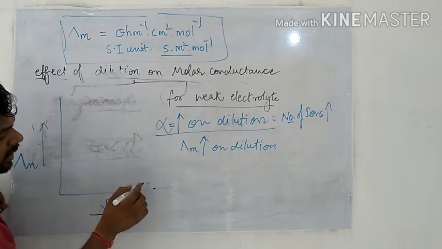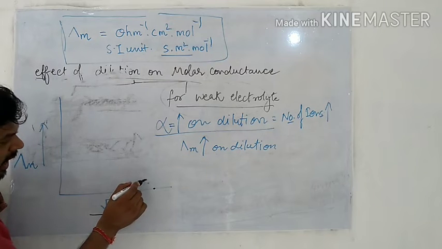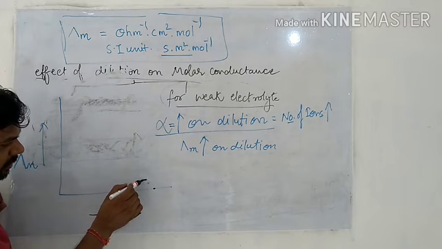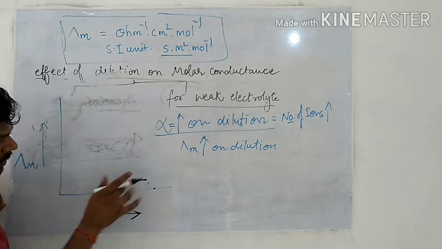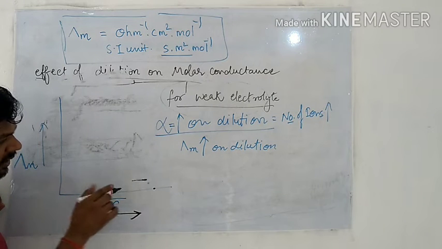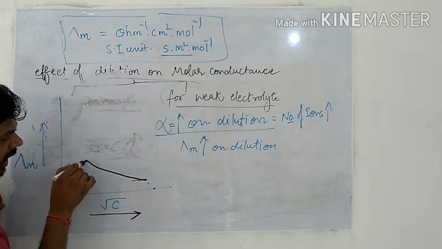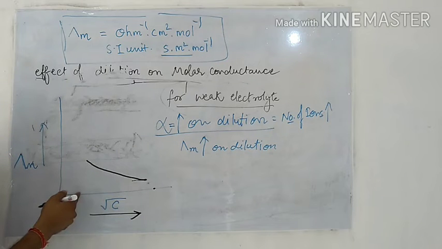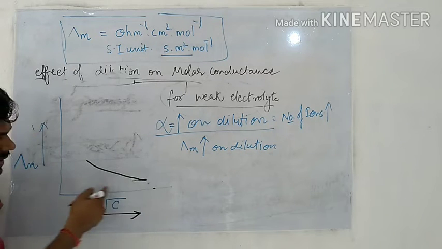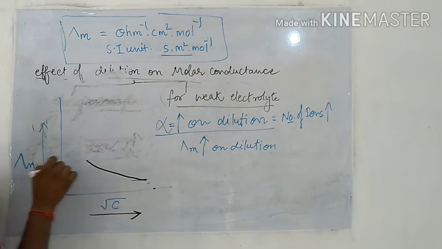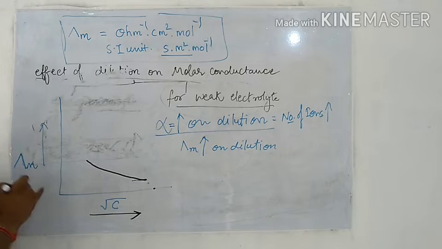So suppose any concentration is over here. As we begin to dilute the solution, it means we are going back in terms of concentration. As we are decreasing the concentration, we are diluting the solution. If we are decreasing the concentration, molar conductance is increasing.